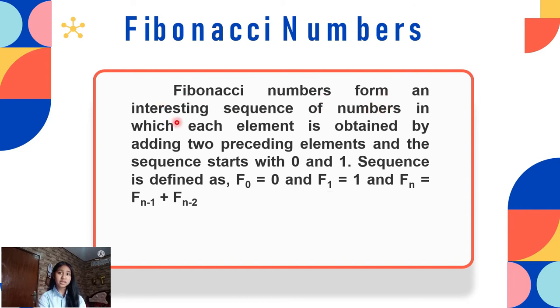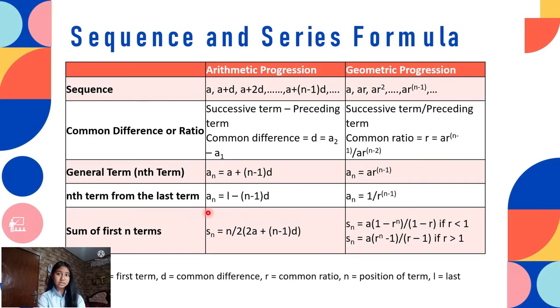Fibonacci numbers form an interesting sequence in which each element is obtained by adding the two preceding elements, and the sequence starts with 0 and 1. It is defined as f sub 0 equals 0, f sub 1 equals 1, and f sub n equals f sub n minus 1 plus f sub n minus 2.